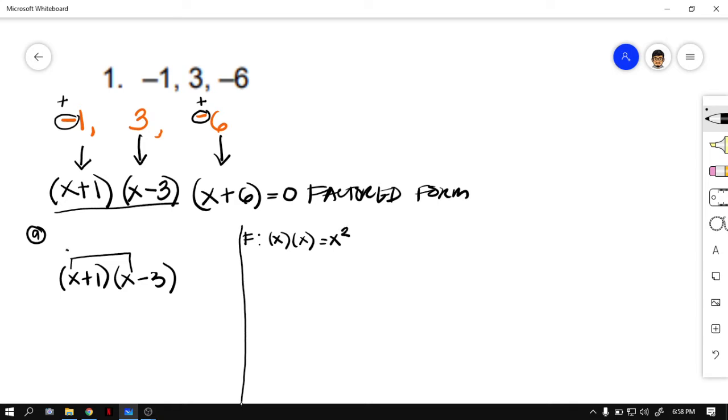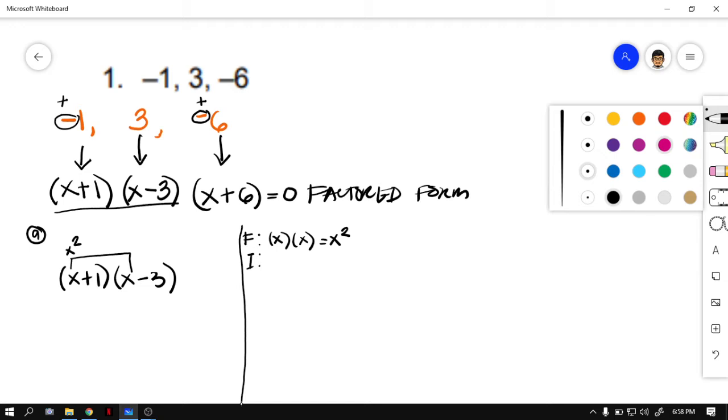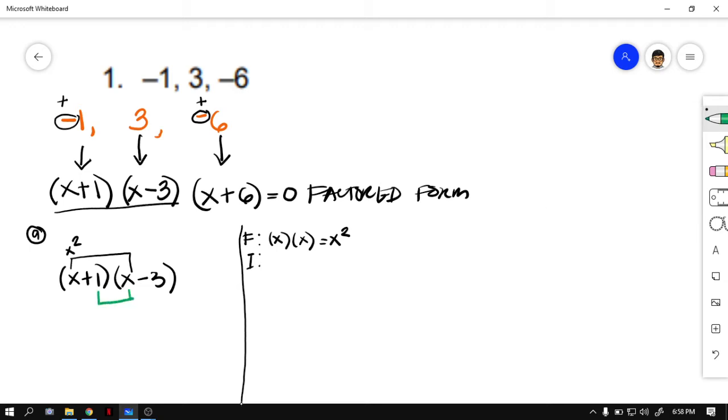And then, we have the inner. Inner natin yung dito. Inner terms natin. So, we have 1 times x. And 1 times x is simply x. So, you have x here.